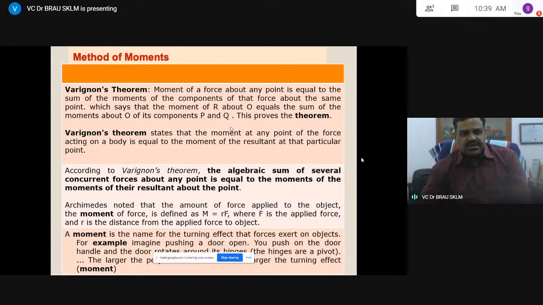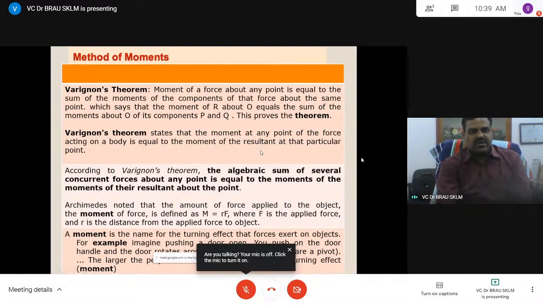Or it can be stated that the moment at any point of the forces acting on a body is equal to the moment of the resultant about that particular point. Suppose n number of forces are acting and R is the resultant force, with which the body is moving in dynamics. The moment of these forces is equal to the moment of the resultant force about a particular point.